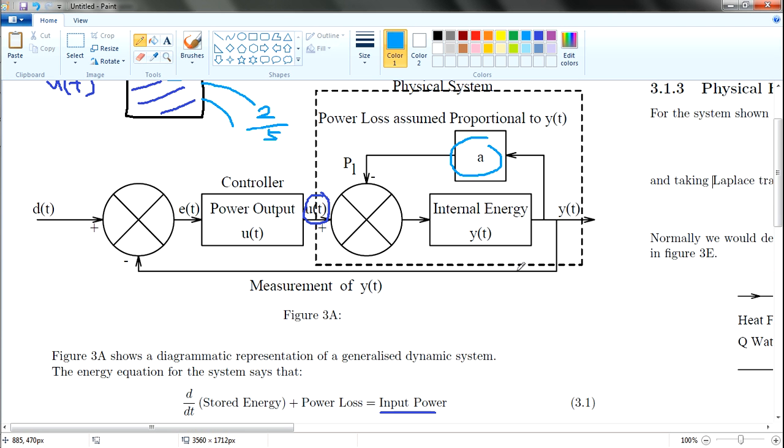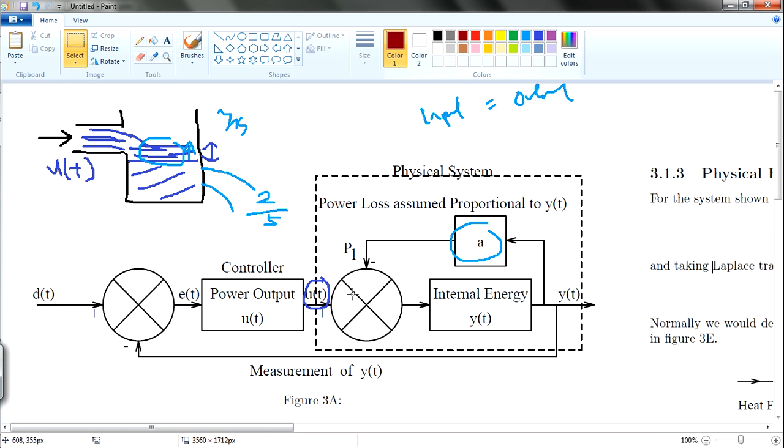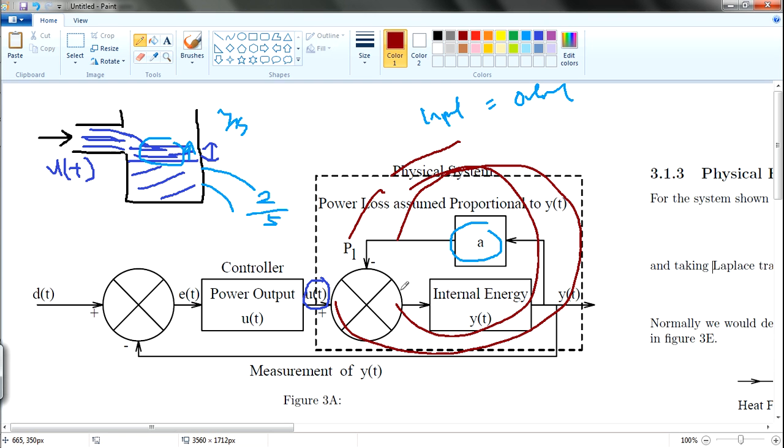You may wonder why I have repeated this thing again. Because I actually didn't finish talking about it. Previously, we were talking all about the inside of this physical system. We are trying to describe the physical system, this physical system over here, and the G of S, if you remember. But we didn't talk about the controller.